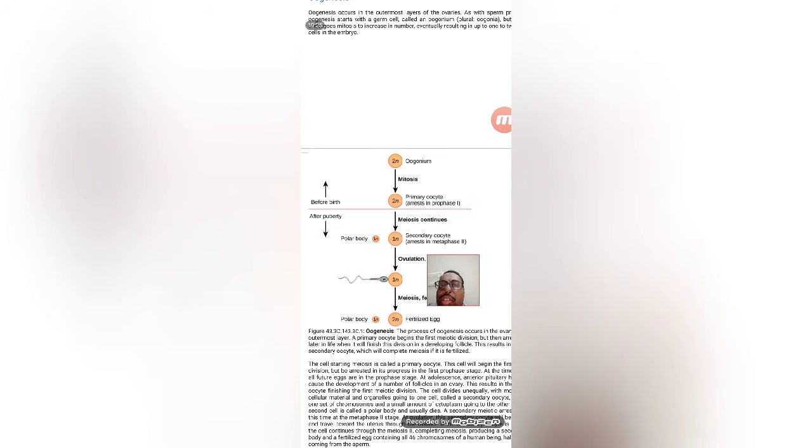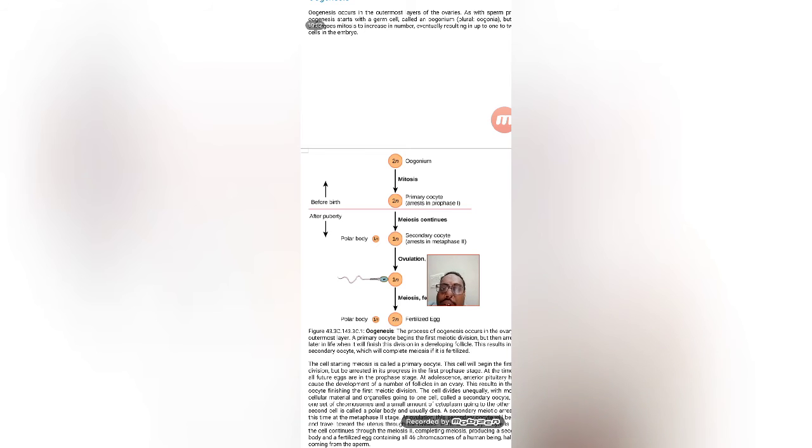For example, if you see this step, you will have the oogonium. Oogonium is the cell which has the capacity to develop into an ovum. So this oogonium will undergo a mitotic division that takes place before birth, and the primary oocytes will be there, and they will be arrested in the prophase 1 stage.